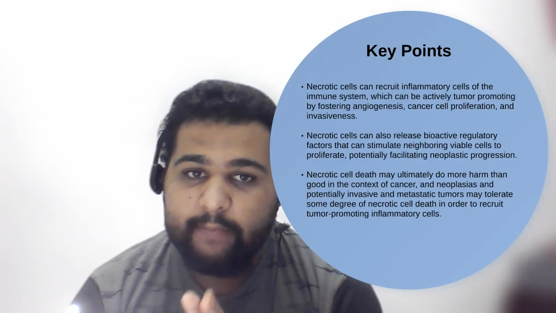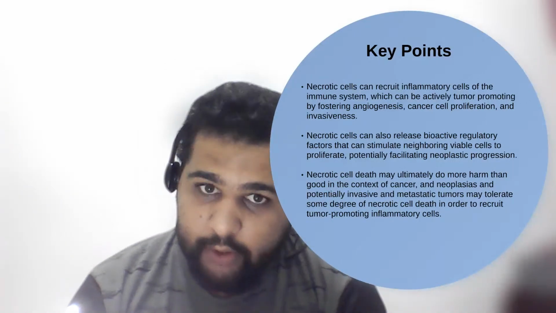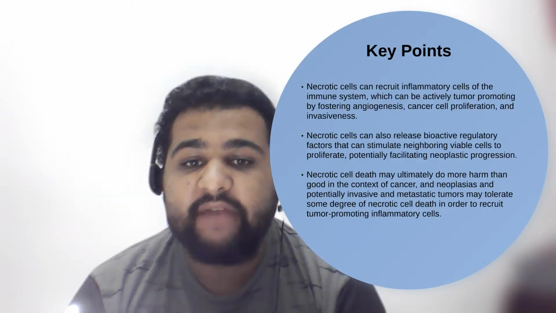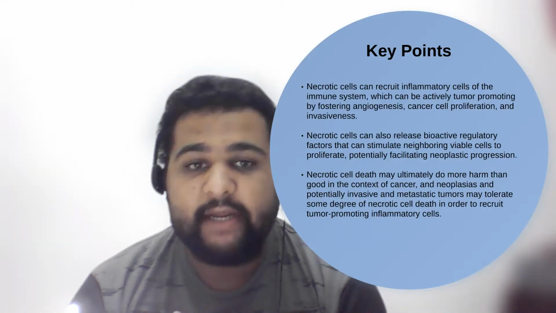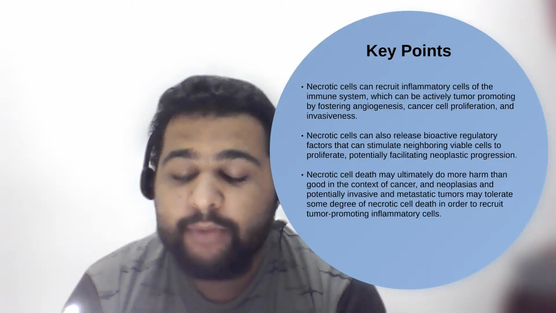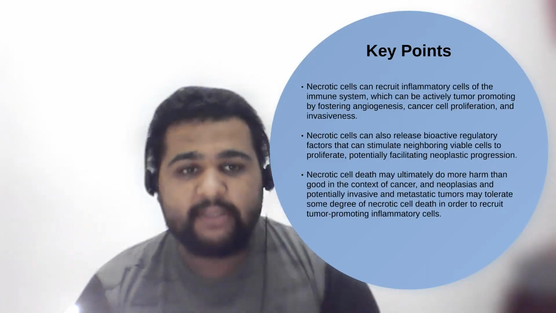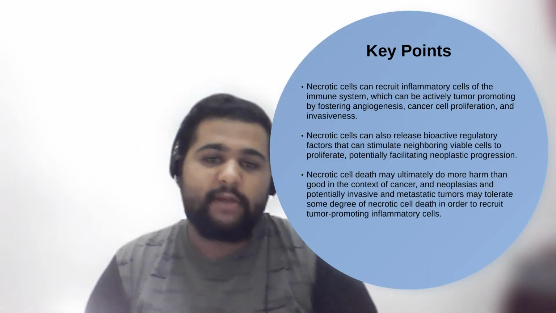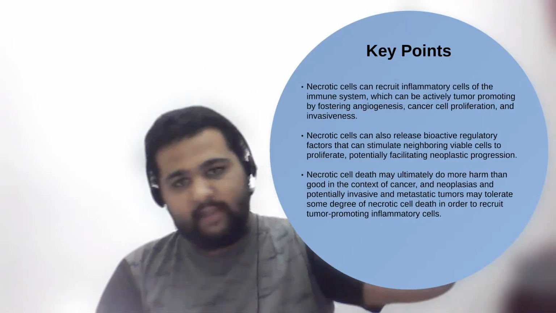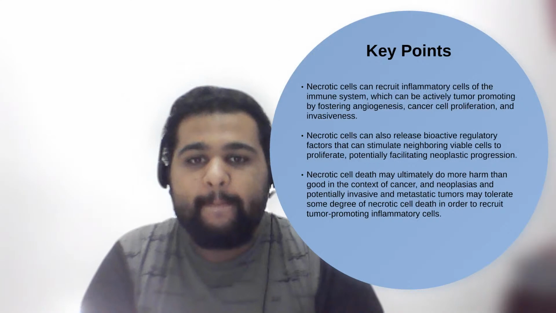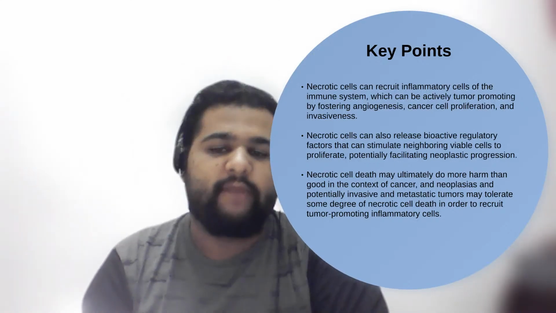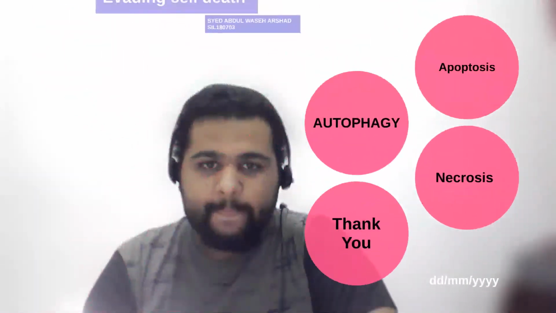Necrotic cell death may ultimately do more harm than good in the context of cancer and neoplasia, and potentially invasive and metastatic tumors may tolerate some degree of necrotic cell death in order to recruit tumor promoting inflammatory cells. If they survive the necrosis, they can use that entire system to facilitate their own growth because there are pro-inflammatory signals involved in the pathway, right?